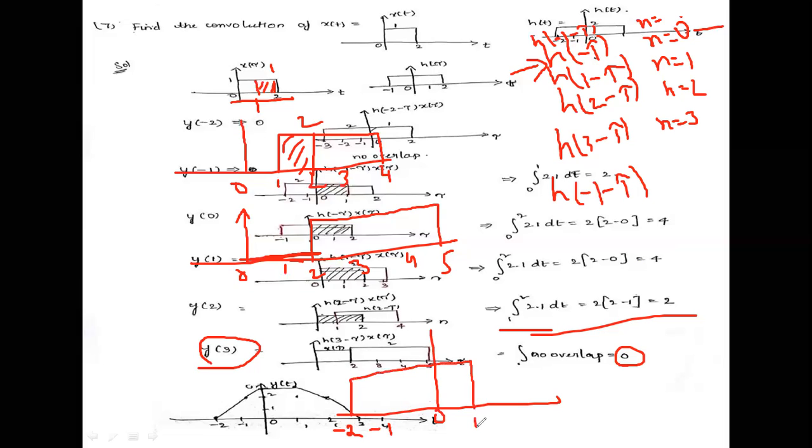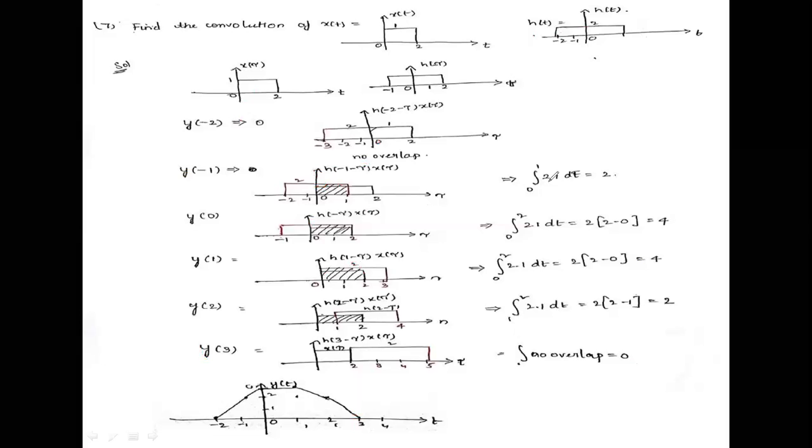Now see where it overlaps: x of tau is 0 to 2 and here the 0 to 1 value is there. Now take this range, 0 to 1, 2 into 1 dt, that is equal to 2.